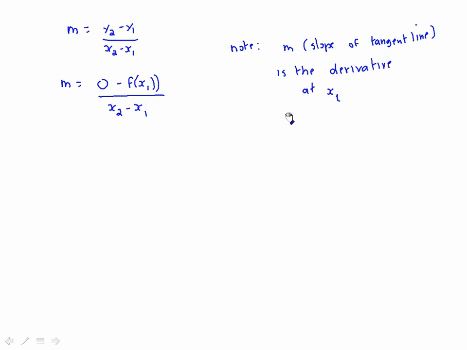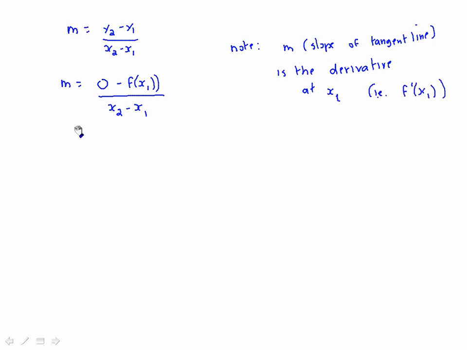So that is what we are trying to do. So that makes things different. So we can write this in a more compact form, i.e. f prime of x1.